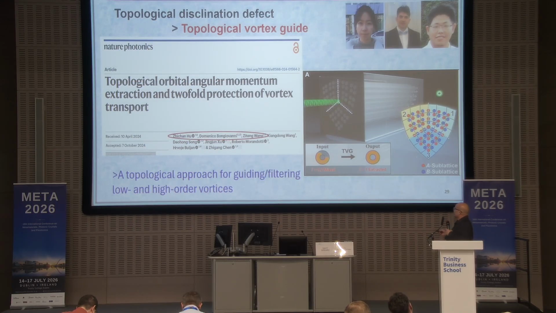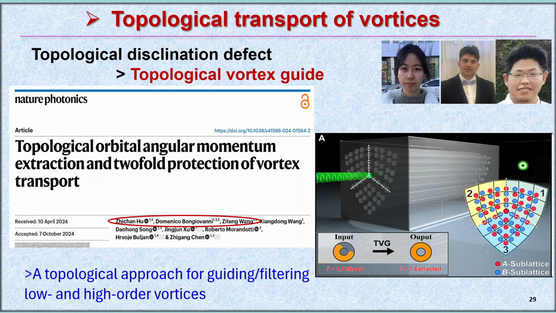The idea here is to use momentum space and real space topological protection, which we call dual protection, to create topological guidance and a topological vortex laser.